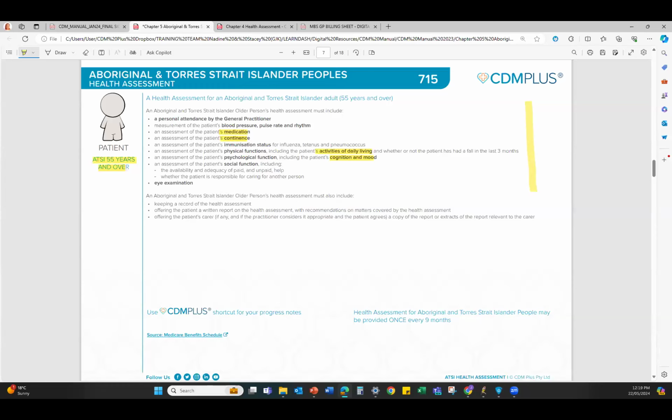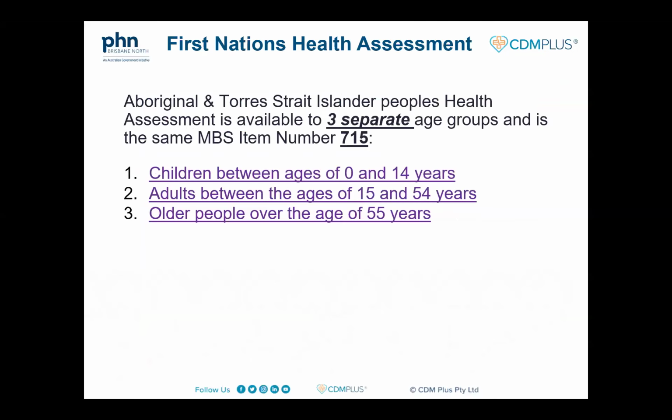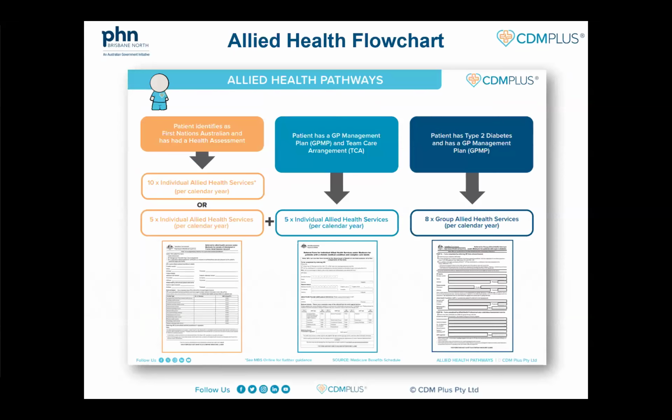Okay. So let's go back to the slide deck. We're going to have a look at the allied health pathways and the changes that have come about. If the patient identifies as First Nations, they can access allied health services a couple of different ways. As I said, with those changes, we can now do 10 individual allied health services, and that will go on that one form.